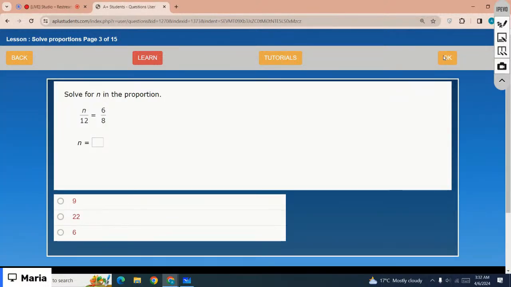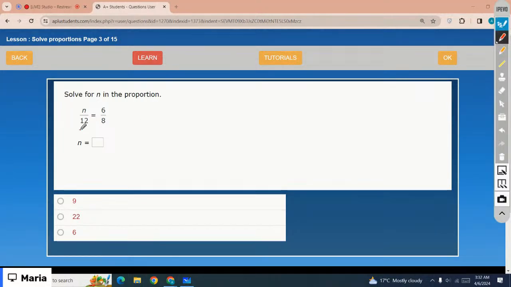Okay, solve for n. So you have to isolate the variable n. 12 is dividing here, so you need to multiply on the other side, right? 6 times 12 over 8. So 6 times 12 is 72 over 8.